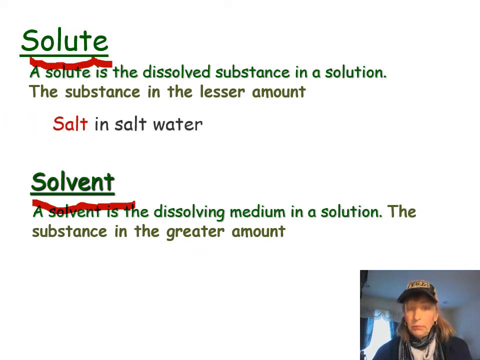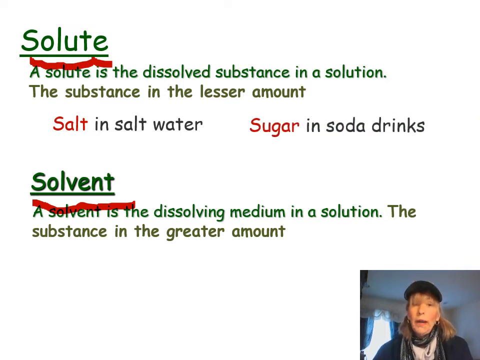Examples of each. If we have a sample of salt water, the salt is the solute. It is the substance in lesser amount. Another example would be soda drinks. Soda drinks, of course, are solutions.